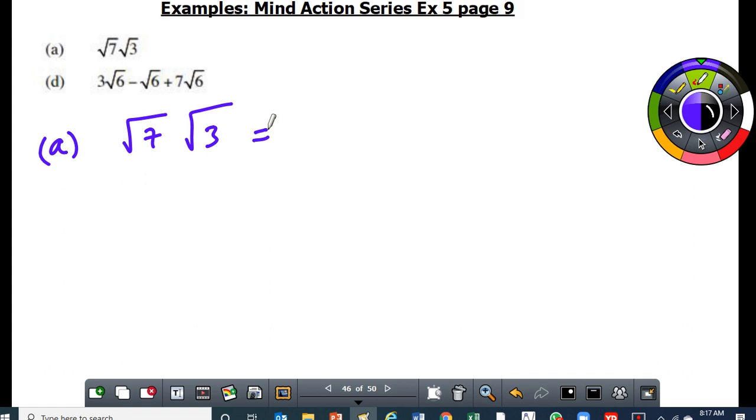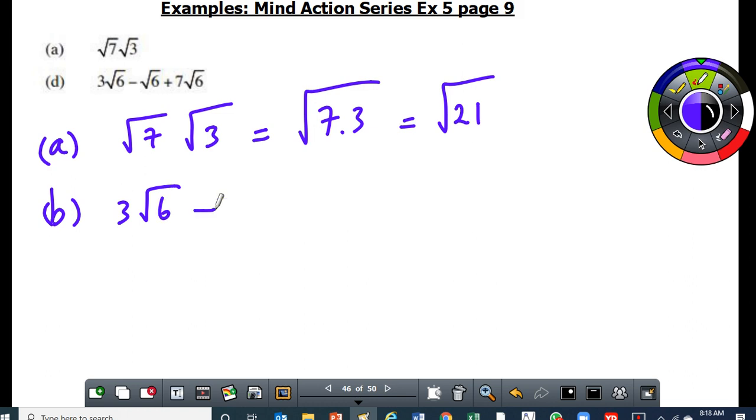So since the n is the same, we can multiply them and write them as the square root of 7 times 3, this will give you the square root of 21. So I've used the multiplication law of surds. Remember, the multiplication law of surds can be written from the left towards the right or from the right towards the left.